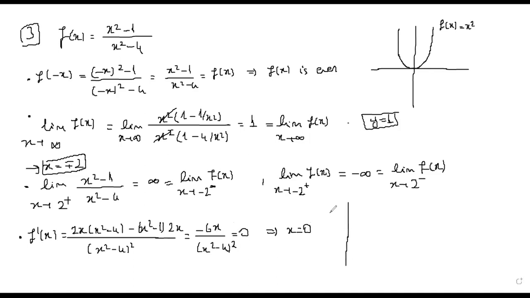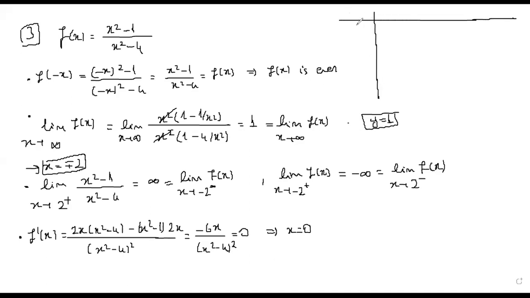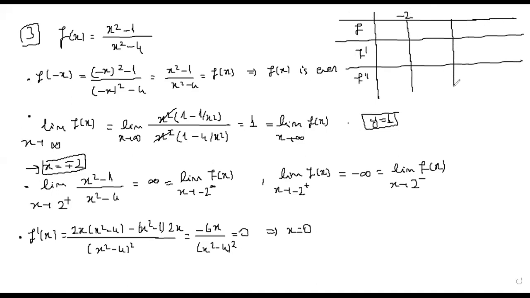What do we have here now? Let me write there. So let's do the table here. We have f prime, f double prime, and minus 2, 0 is the critical point, and 2.